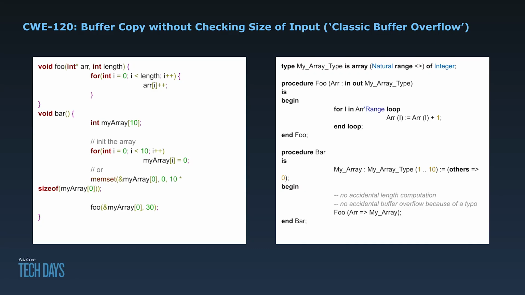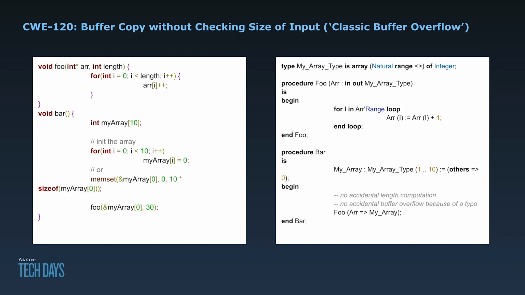This is CWE 120. This is a classic buffer overflow. Can anyone see what I did wrong here in the C code? I'll give you a hint. We're passing this array into this function that takes a pointer and a length, right?